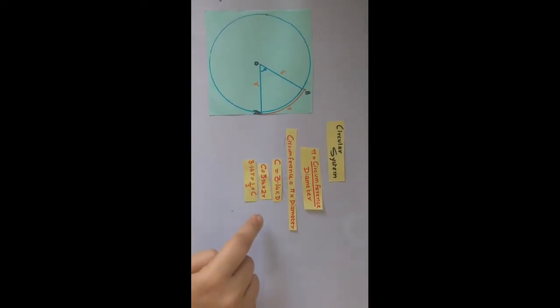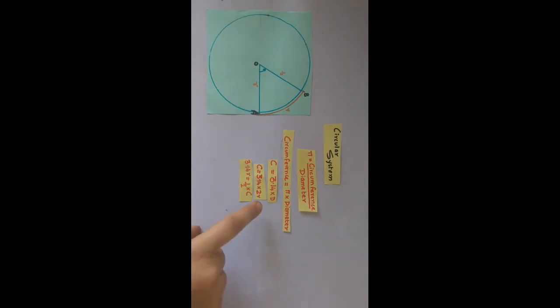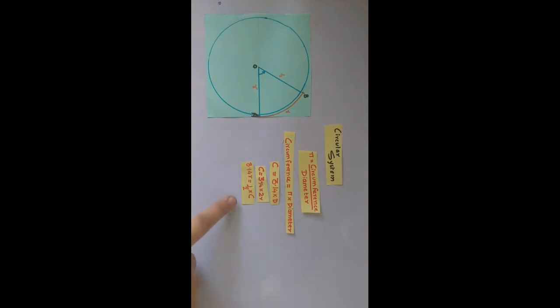Now if we cross multiply, we get 3.14r equals half of the circumference.